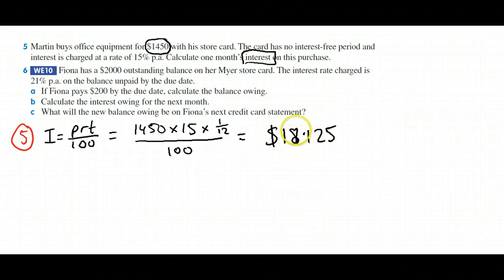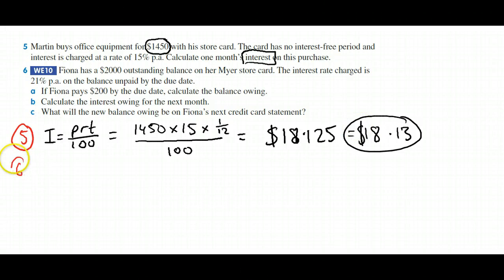That's how much interest Martin will have to pay after 1 month. And because you can't pay fractions of cents normally, we should probably round that off to the nearest cent, which would be $18.13. Okay, next question, question 6.